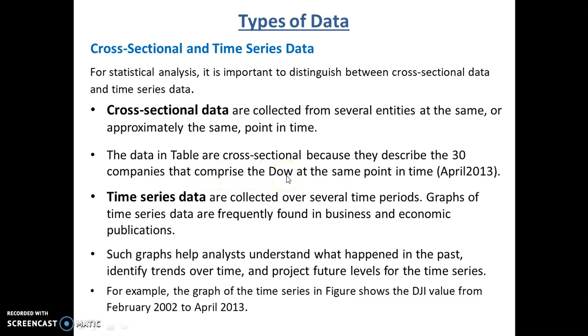Everything is taken from the DOE index only, at the same point in time, which is April 2013. So if you take data from several entities at the same or approximately the same point in time, that will be called cross-sectional data.